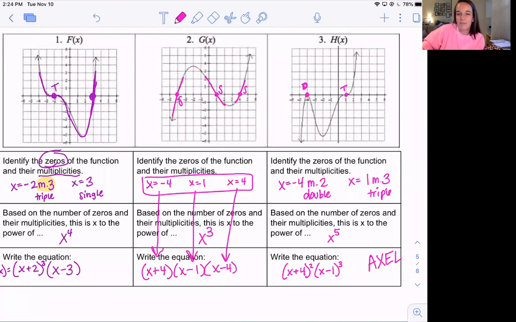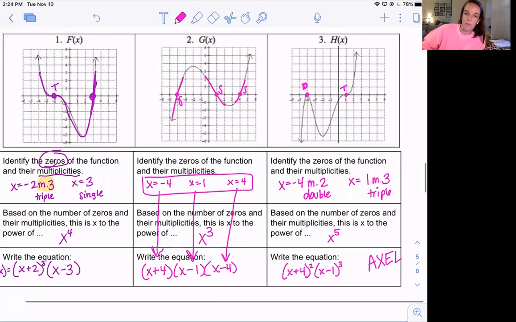How do you do the amount of multiples? Good question. The amount of multiples is based on what kind of root it is. If it goes straight through a point and continues going, it's going to be a single. If it bounces off of the line and creates a little parabola that touches the x-axis one time, that's a double.